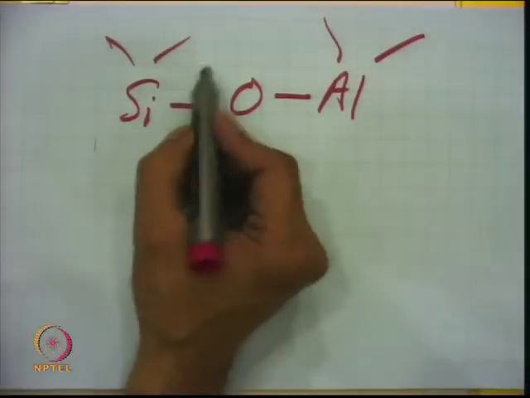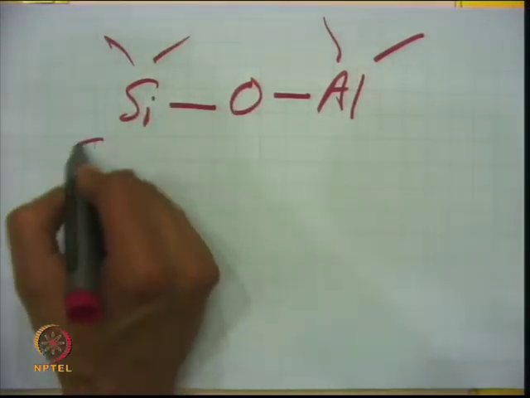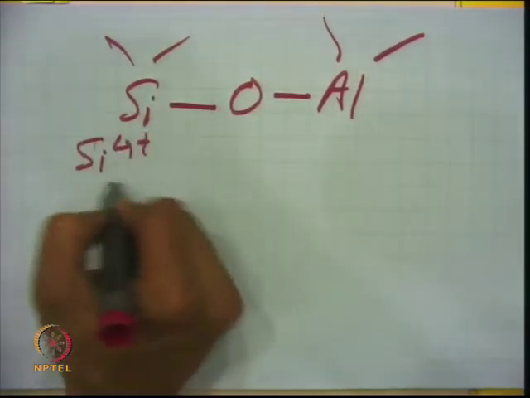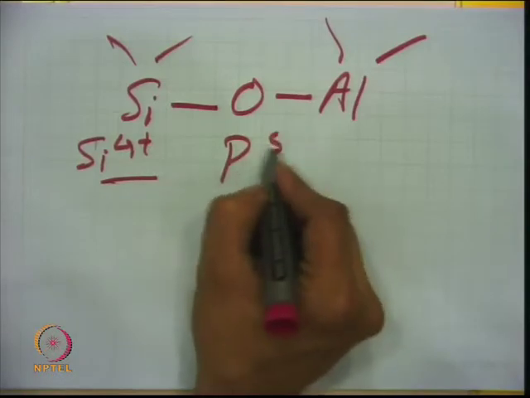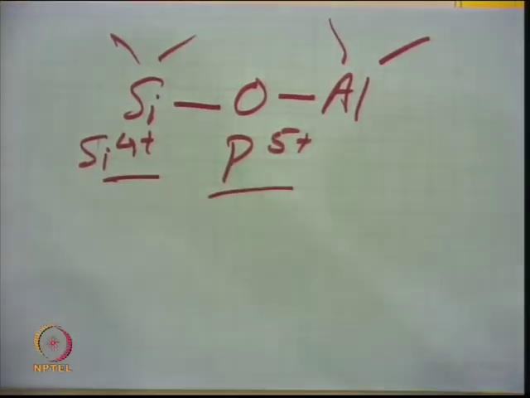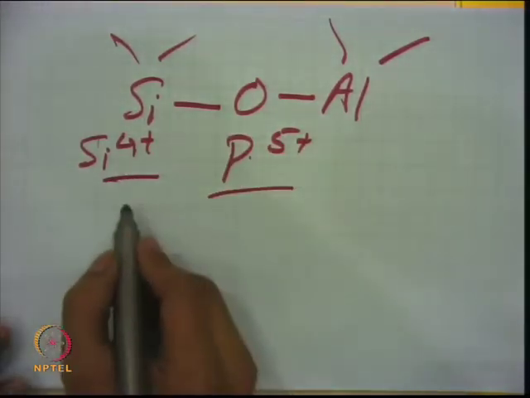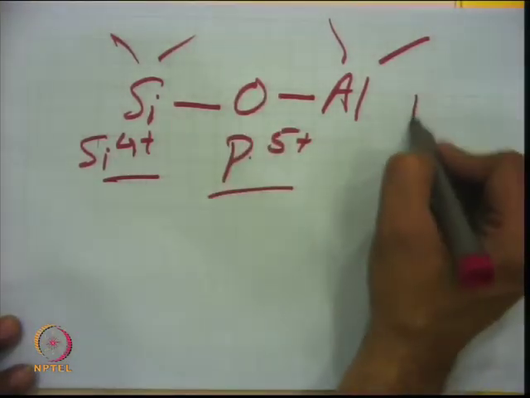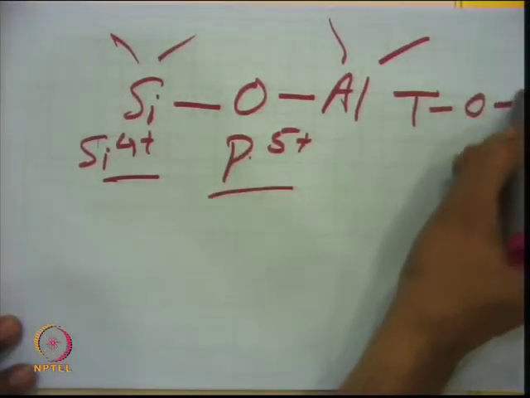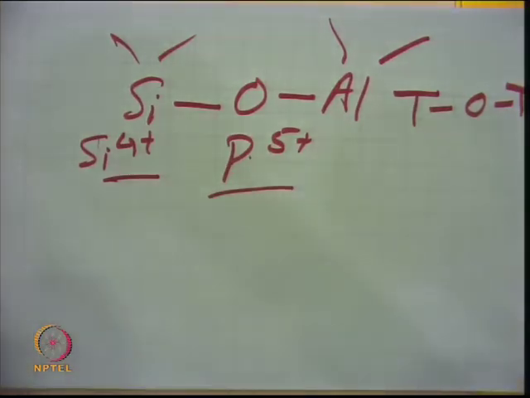Sometimes this silicon, Si4+, can be replaced by phosphorus 5+, which does not give acidity to the zeolite. Rather, it can be a kind of neutral or mildly acidic zeolite, depending on the amount of phosphorus. So we can have different categories. As I said earlier, in TOT, T is either silicon, aluminum or phosphorus.